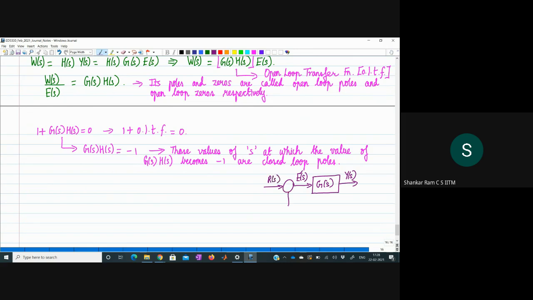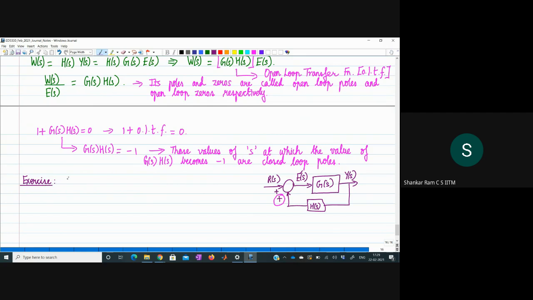A similar block diagram, but the main change now is that rather than negative feedback, we have positive feedback. I'm sure you can do similar steps, but please do them as an exercise.